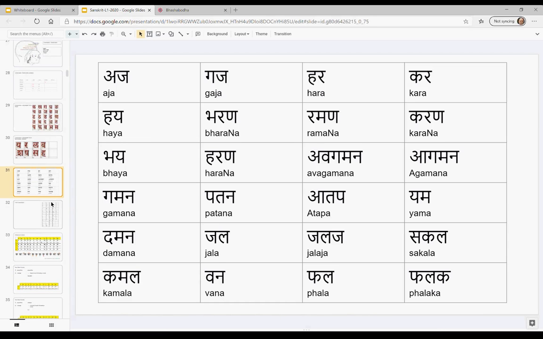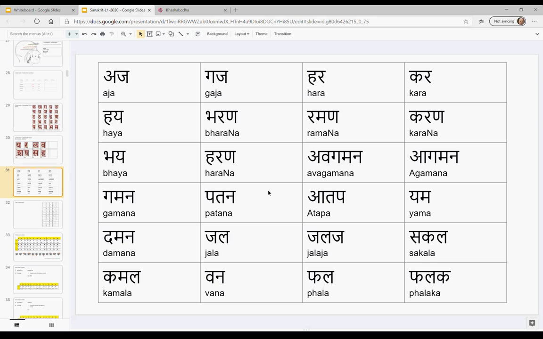Here there are some words which are simple words. Also last time we quickly saw how to write the letters in Devanagari by adding different vowels to them. Okay?